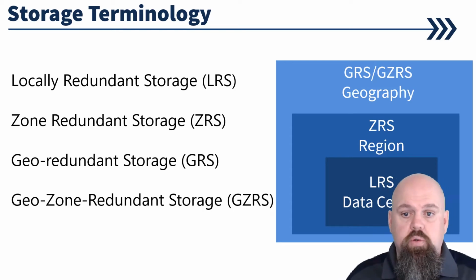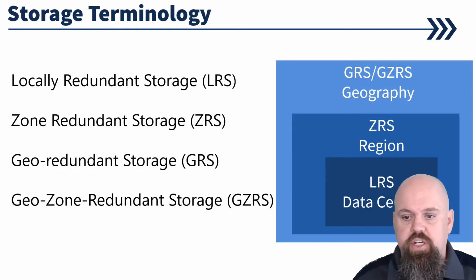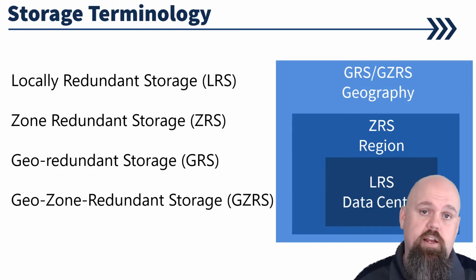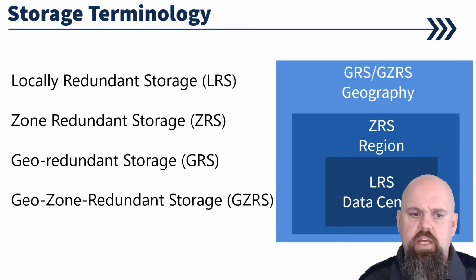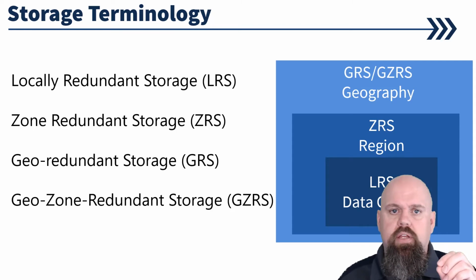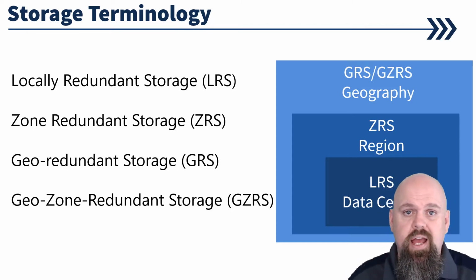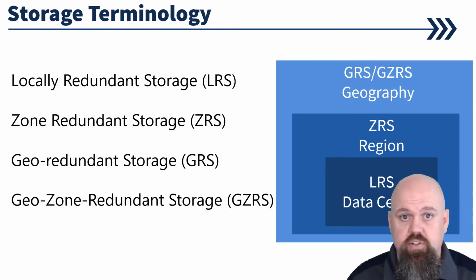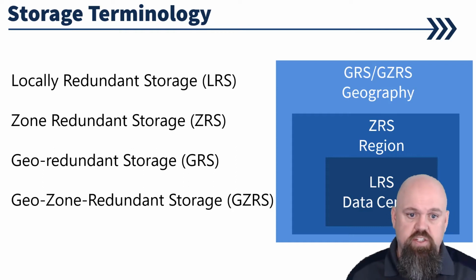Now we can also do what's called geo-zone redundant storage, the acronyms get really complicated sometimes. This storage is replicated within the zone itself, the availability zones within the region, as well as replicated outside of the region. So we kind of get double replication with the geo-zone redundant storage.